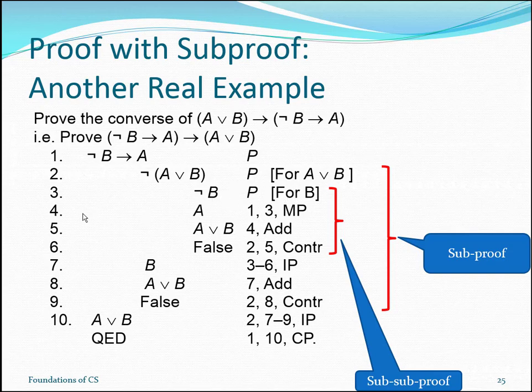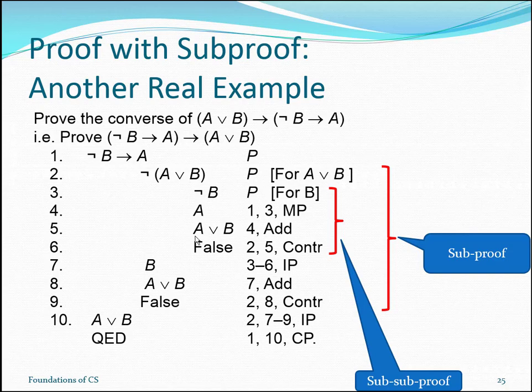So what do I do on line 4? Well, if I assume not B, then I can use modus ponens, my all-time favorite. I have not B, and not B implies A, so I can conclude A with lines 1 and 3 by modus ponens. And I'm allowed to use anything above because I'm in the subproof.